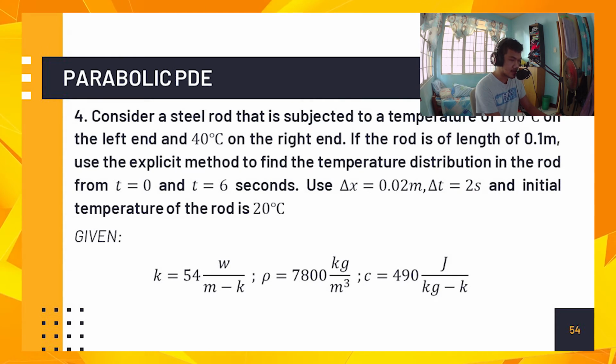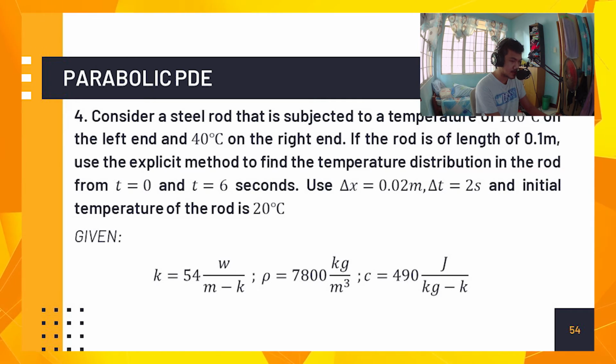Use delta x equal to 0.02 meters, and delta t equal to 2 seconds, and the initial temperature of the rod is 20 degrees Celsius.